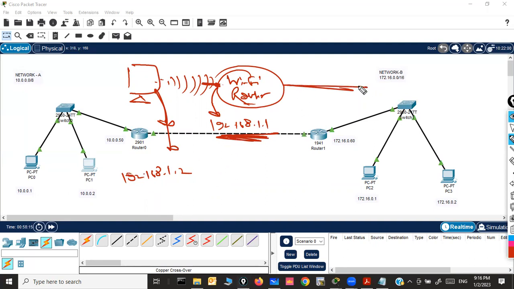Now, another interface is the external interface, because a router means a minimum of two interfaces, two different networks. The other interface is connected with the help of a service provider to the internet.